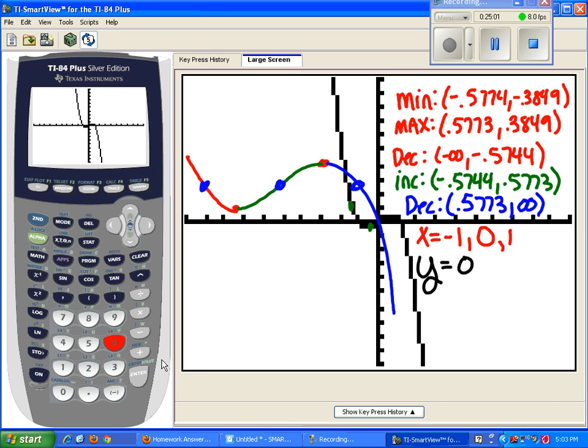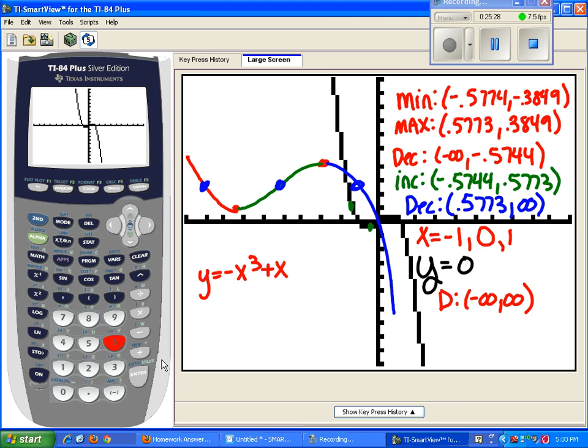So remember for this graph, I do not have any restrictions that I have to worry about. Our graph was originally f of x equals negative x cubed plus x. So do I have any variables in my denominator? No. Do I have any variables underneath a radical? No. Therefore, my domain is going to be all real numbers.